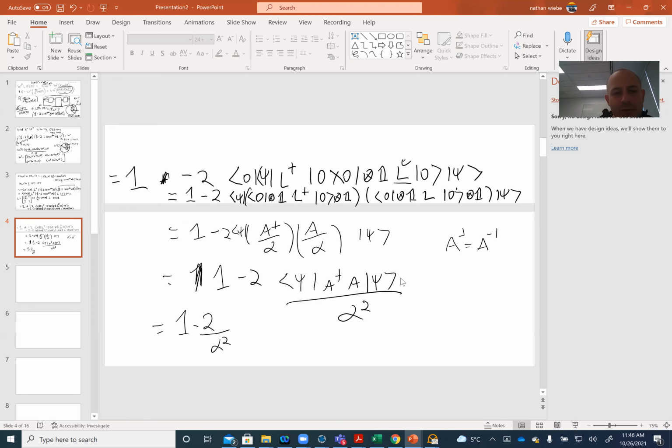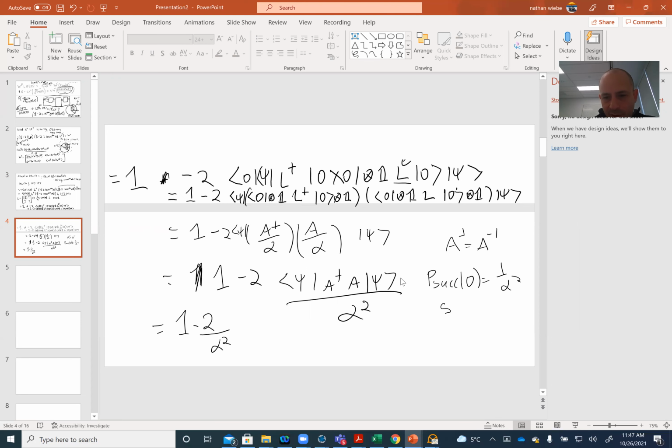Now, if we define our success probability, P suck, if we applied 0 iterations of this, this is just 1 over alpha squared, right? As we can see from this analysis directly. Well, our probability of success is 1 over alpha squared.